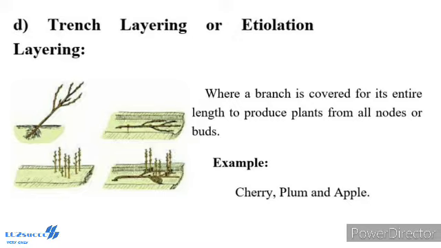Once the plant is established, the entire plant is bent and laid flat on the bottom of a trench of 5 cm depth. When the buds start to develop, the plant is covered with soil 2.5 cm deep. As the young plant grows, more soil is added over the buried stem. The buried stem produces roots. Example, cherry, plum, and apple.